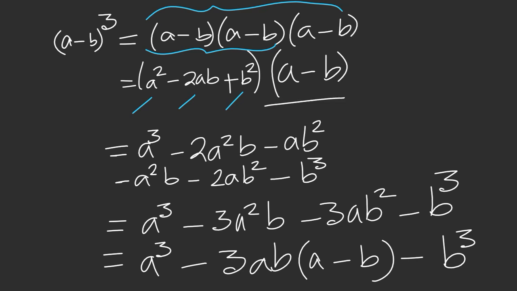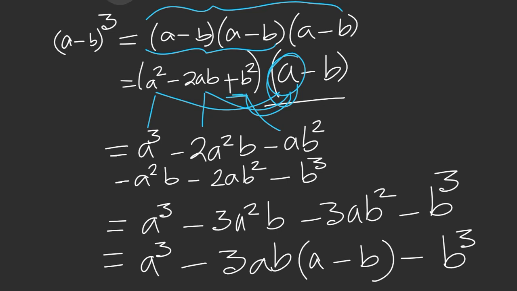So now this a has to be multiplied to all these 3 terms. So a multiplying with a square will give us a cube, and a multiplying to minus 2ab will give us minus 2a square b, and a multiplying to b square will give us plus ab square, because here a is positive and b square is also positive.